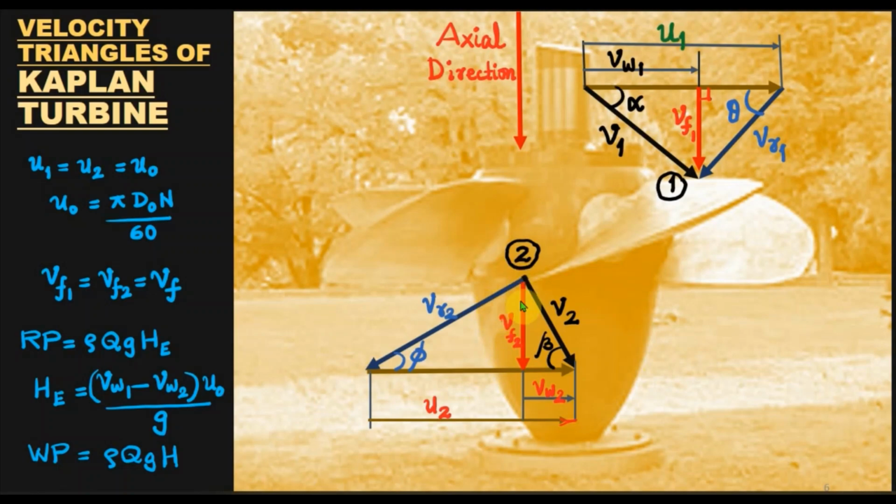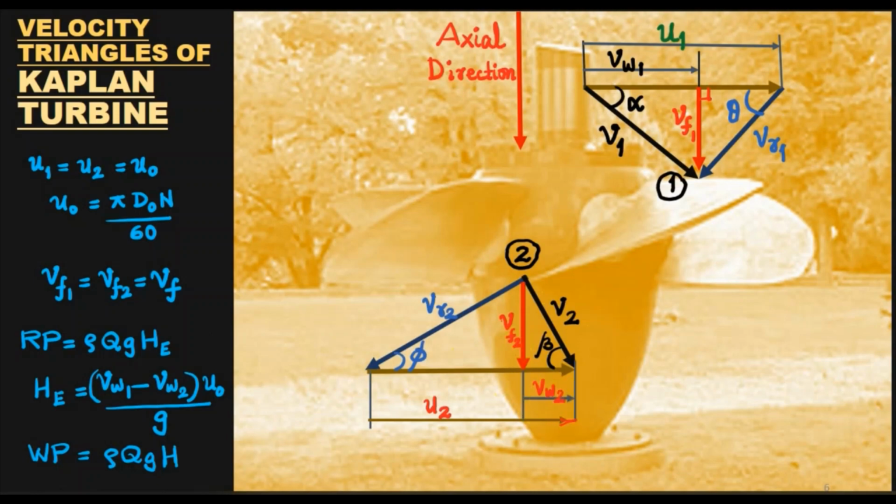So VF2 is the vertically downward component of V2, which is axial. And VW2 proceeds horizontally to the right in this case. If VW2 is given to be 0, then the velocity triangle will be confined to this left side portion, that is, this right triangle only. In that case, beta will be equal to 90 degrees, V2 will be equal to VF2, and VW2 is 0.